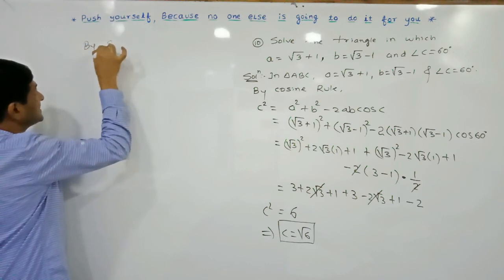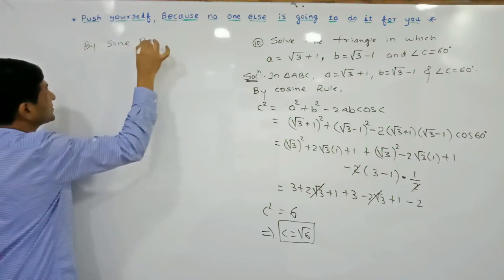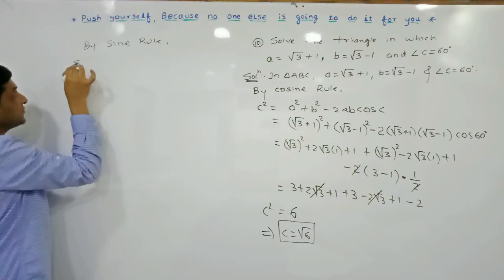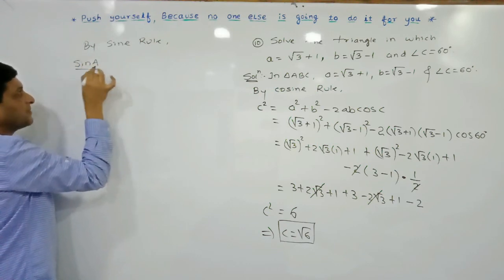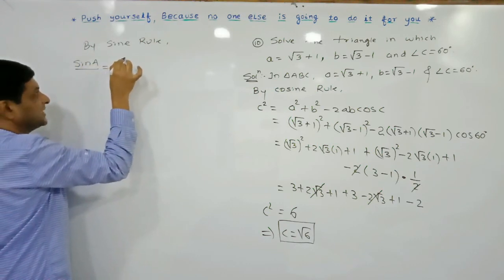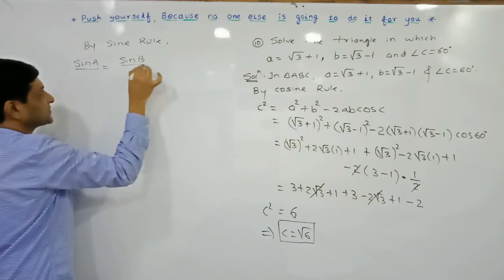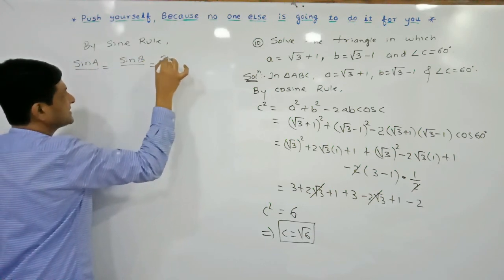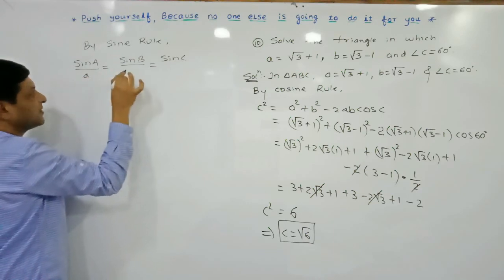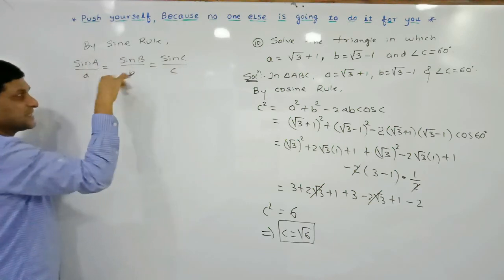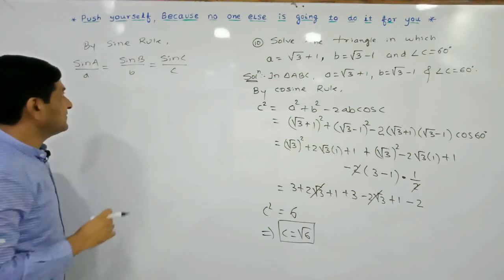Since we have to find out the angles, here the sine rule can be written as follows. Since we are finding angles, first in the numerator write down the trigonometric ratios: sine A, sine B, sine C, and in the denominator write down a, b, c. So this is nothing but the sine rule. Already we are very well acquainted with it.